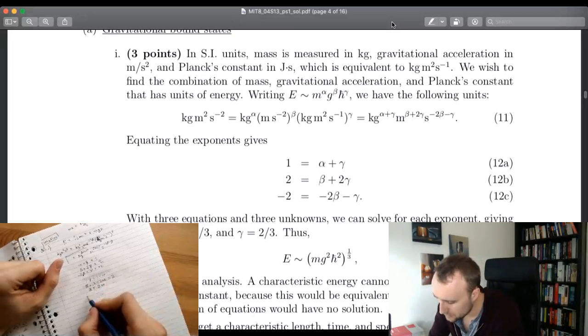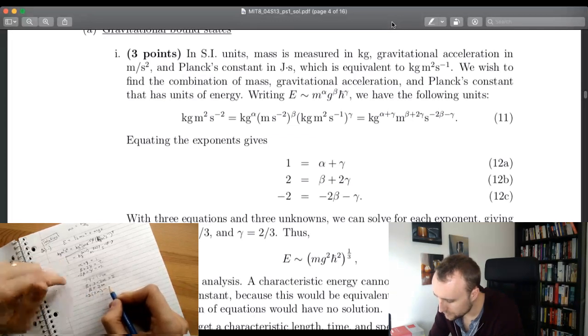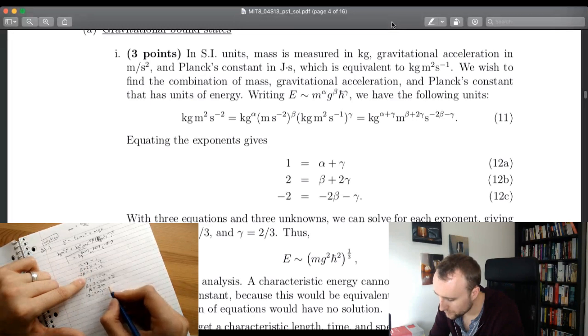And then we have -2 alpha minus, and then y is equal to, so it's going to be -1 plus alpha -2.